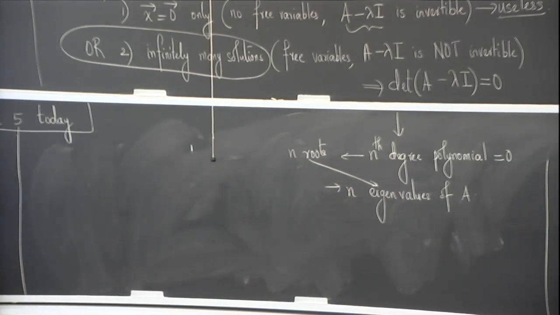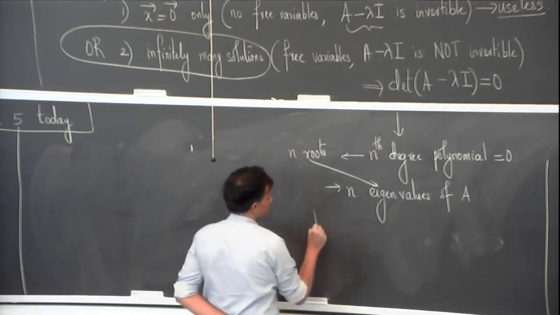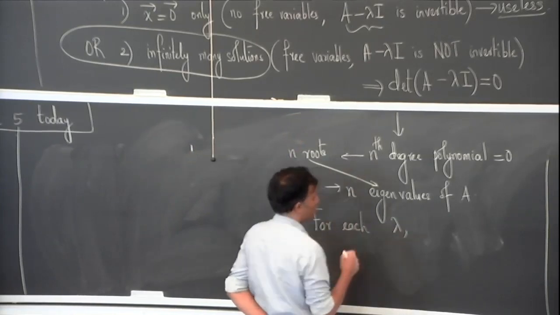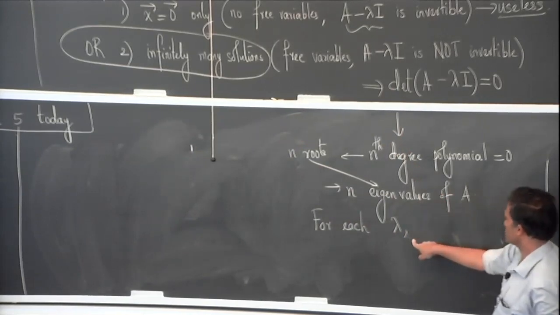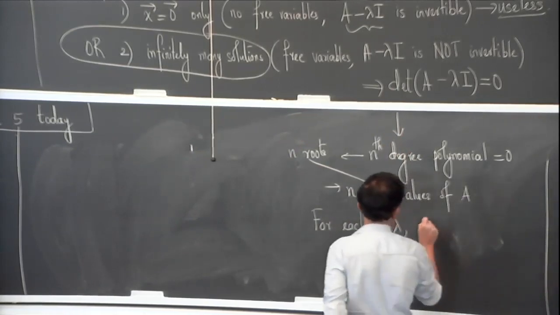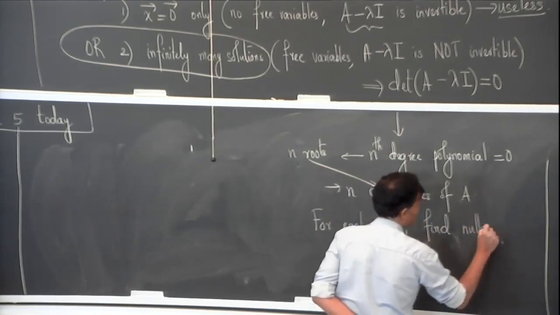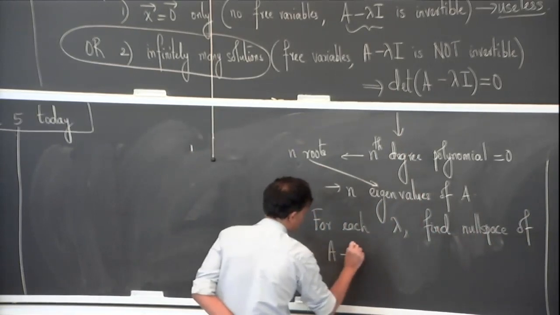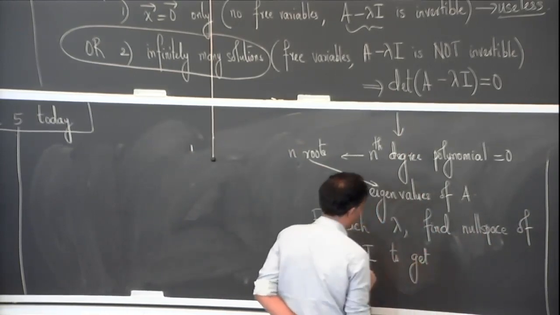And for each eigenvalue, then you have to find what vector would make that true. So for each lambda, for example, if you have a 2 by 2 matrix, you get 2 eigenvalues. For each of those eigenvalues, you have to find the null space of the matrix A minus lambda I to get the corresponding eigenvector.